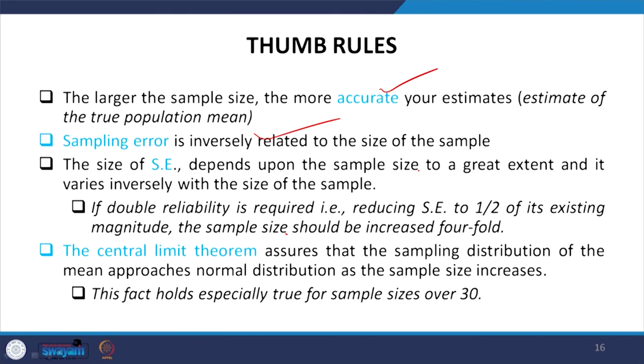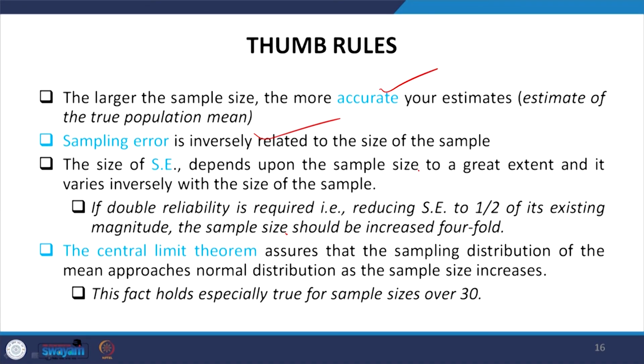In so far as theory is concerned, the central limit theorem is important, which assures that the sampling distribution of the mean approaches the normal distribution as the sample size increases. So, when you increase the sample size, you are actually approaching the population mean.